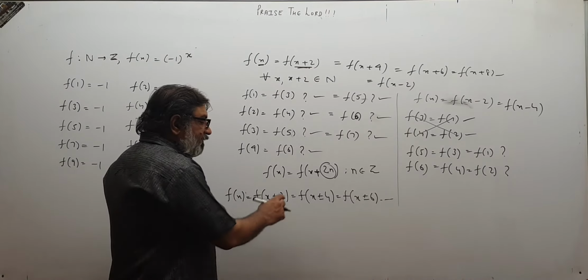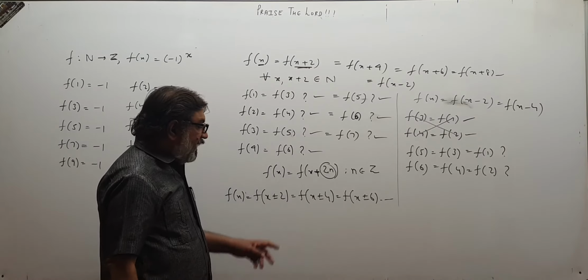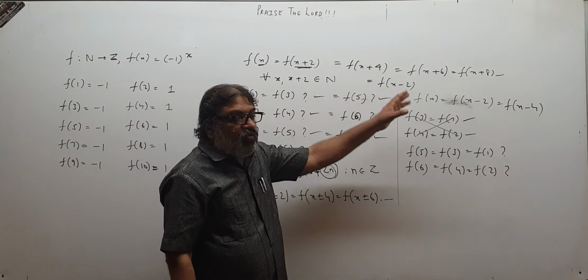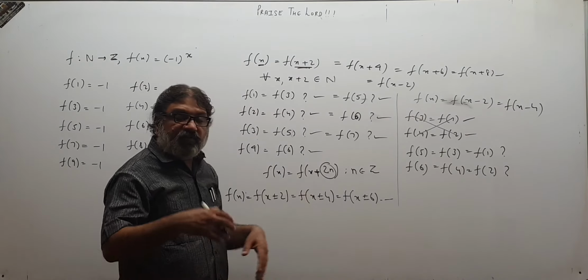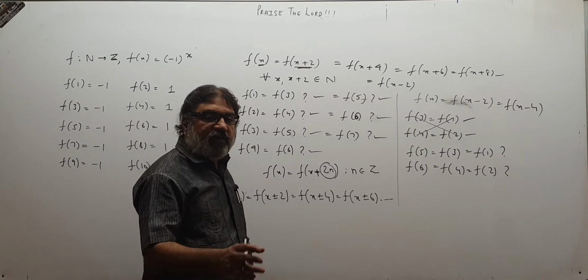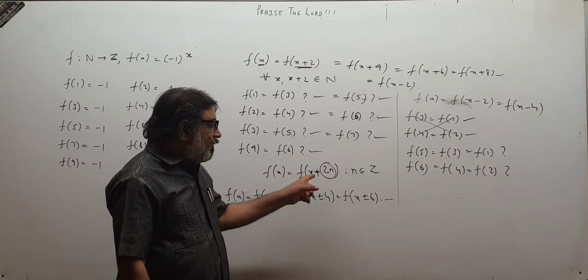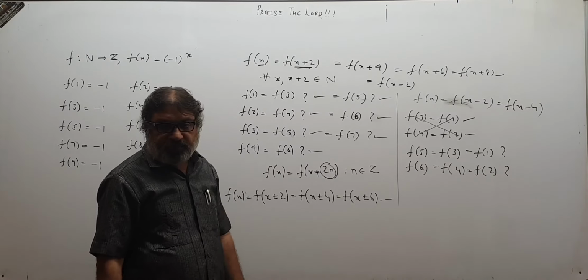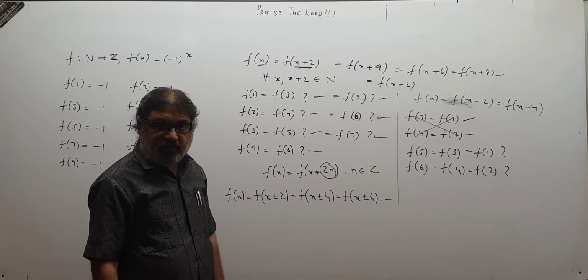So if this type of property is there with the function, f(x) equal to f(x+2n), so just as multiples of 2 are there, or there can be multiples of 3, or multiples of 4, or multiples of 1, or multiples of half, whatever. If this type of property is there with the function, then it is called a periodic function.